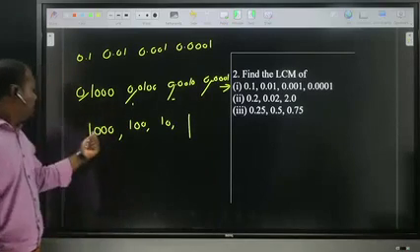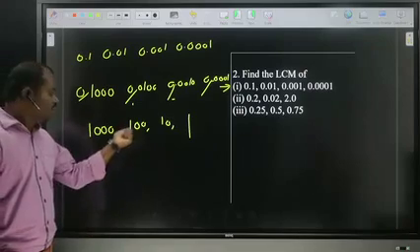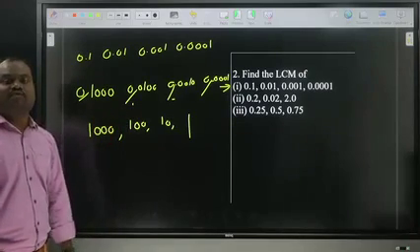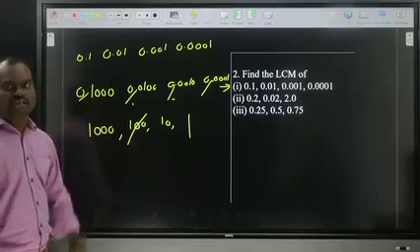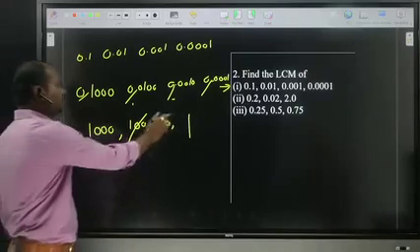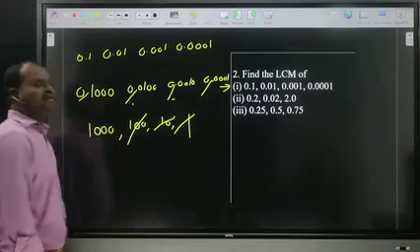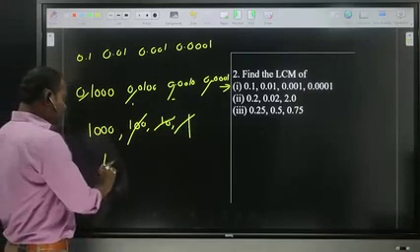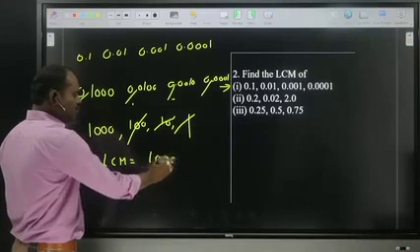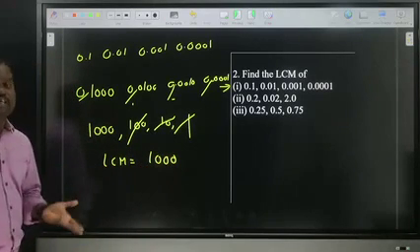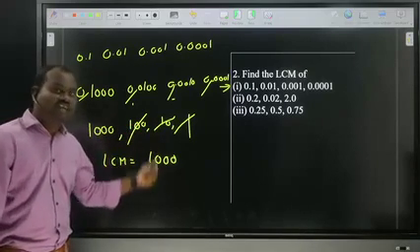In the 1000 table we can't get anyone, so we cannot eliminate the 1000. 100 we can clearly eliminate because in the 100 table we will get the 1000. 10 we can eliminate clearly because in the 10 table we will get 1000. 1 we can eliminate because in the one table you will get all numbers. So what is the balance? 1000. So our LCM is 1000. Whenever normal numbers are there, then 1000 is your answer.